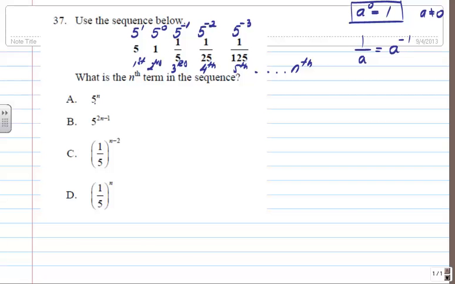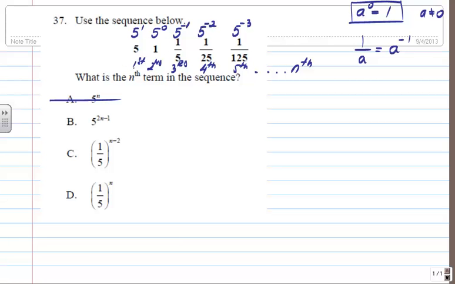I'm looking at the possibilities. 5 to the power of n. Well, the first term works, I have 5 to the power of 1, but the second one is not 5 to the power of 2, it's 5 to the 0. It doesn't work, so that's not the answer. I'm going to the second one: 5 to the 2 times n minus 1. Well, your n in this case is the rank of your term.